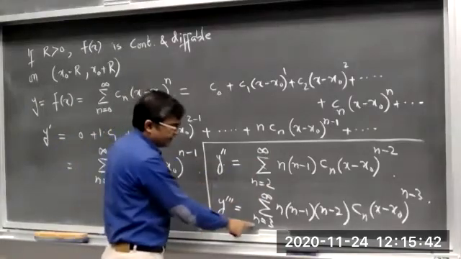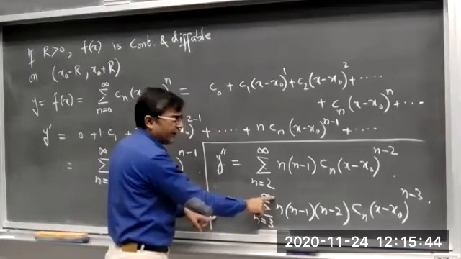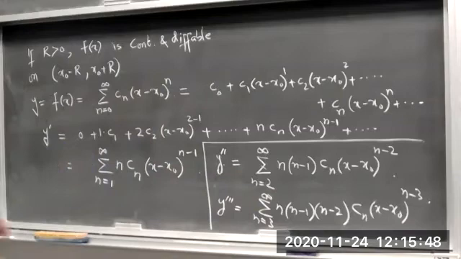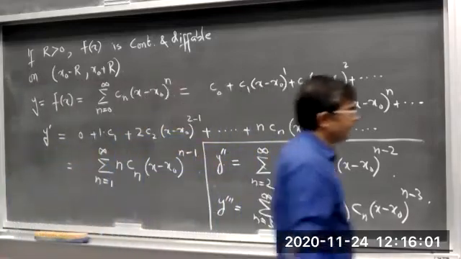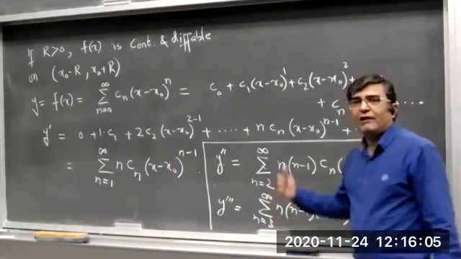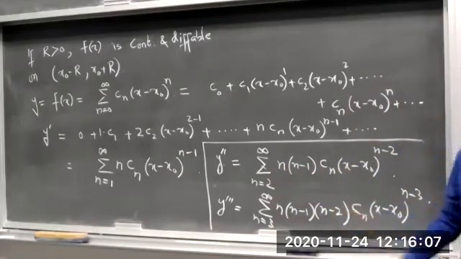In the third derivative, the summation will start from 3 to infinity, because the first term will become 0 in each subsequent derivative of the power series. I hope you get it. This is how we take the derivatives of a power series. If you have any question, you can ask me.